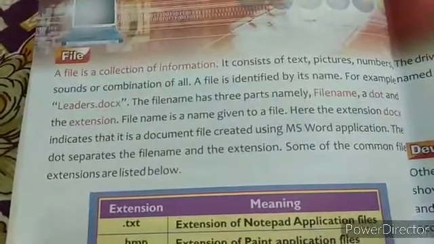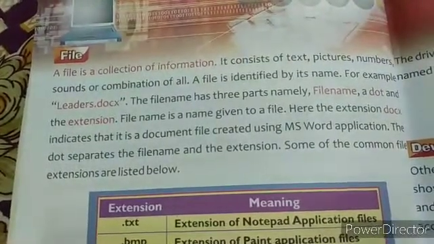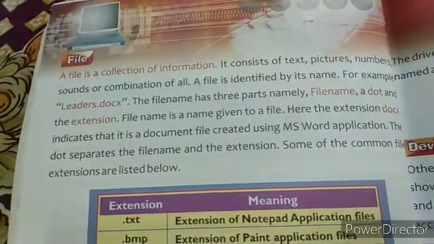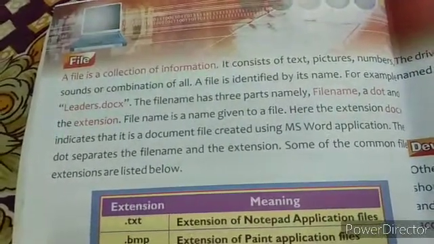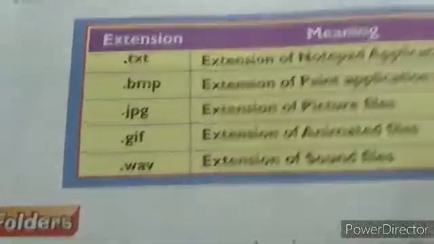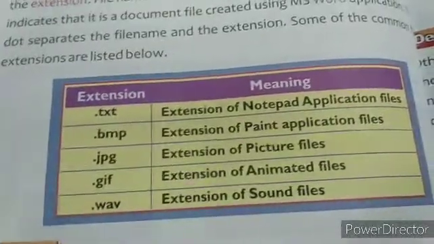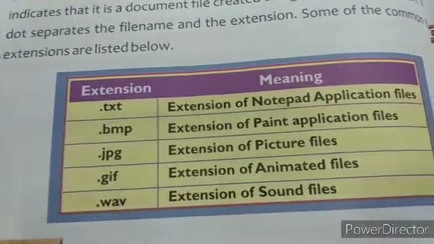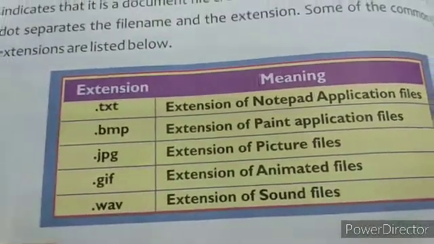That file name is stored with some extension. For example, if you store a file in the MS Word application, the extension given for the Word file is DOCX. Some more extensions are given here. If you store files in the Notepad application, the extension is TXT.